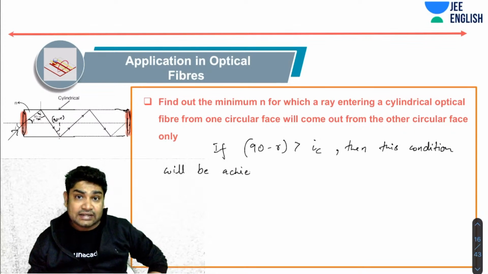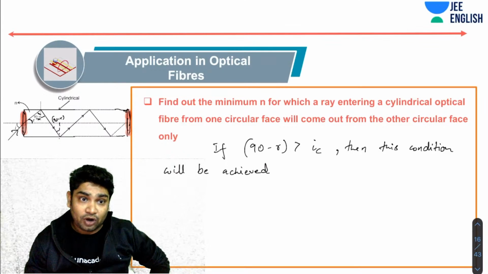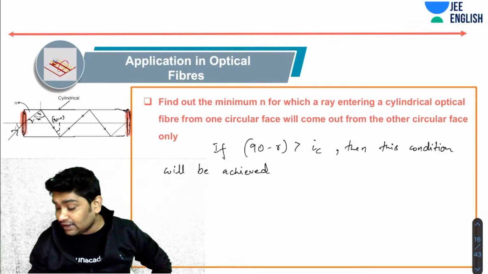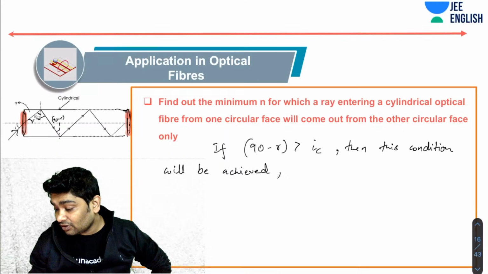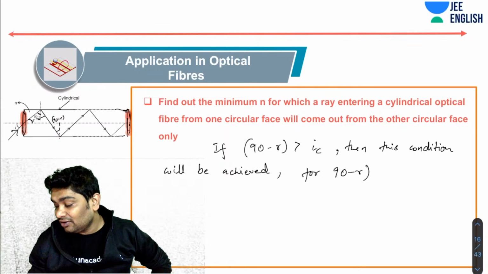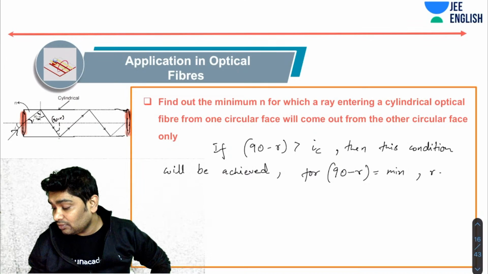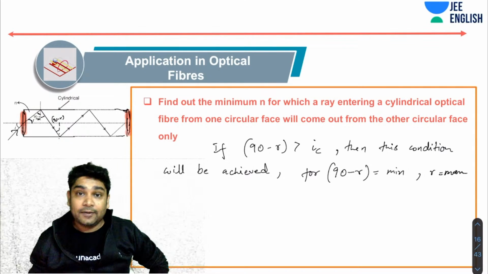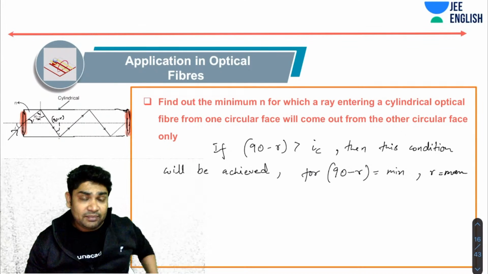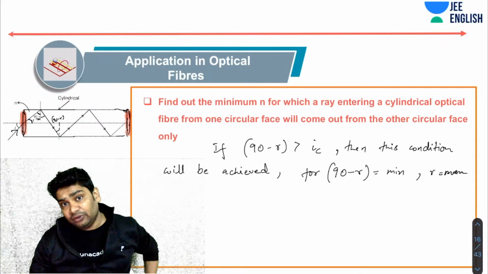Okay. Now you realize what is the minimum value of 90 minus R? So can I say for 90 minus R equals minimum, because R has to be maximum, correct? If R is maximum, then 90 minus R has the minimum value.